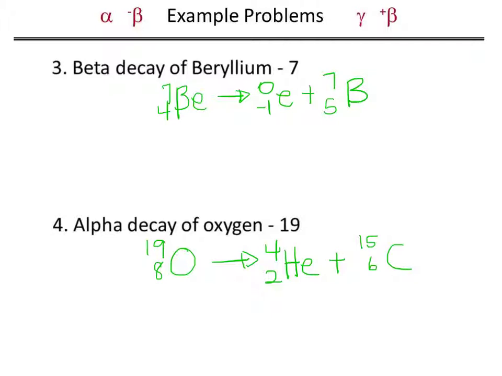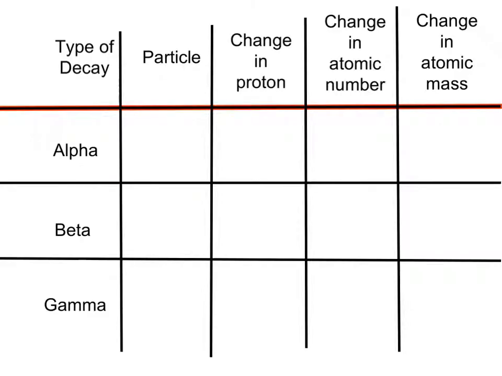I do hope this tutorial is helping you out, and so I'm going to do a quick summary table. In this table, I would like you to write down the types of decay, so alpha, beta, and gamma. The particle alpha emits is 4, 2 helium, the helium atom without any electrons.